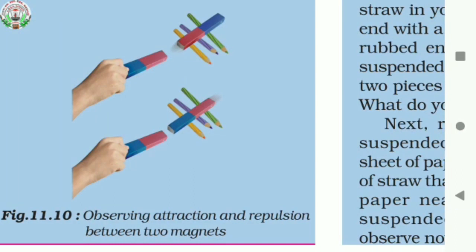See the first figure. Here you are bringing the north pole of a magnet near the north pole of another bar magnet which is kept over three pencils. What can you observe?